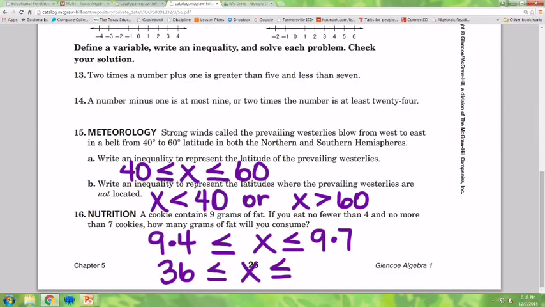Less than or equal to 9 times 7 is going to be 63 grams of fat. So if you eat somewhere between 4 and 7 cookies, and that could equal 4 cookies or equal 7 cookies, then you could eat between 36 and 63 grams of fat, depending on the number of cookies that you ate. And it could equal 36 grams of fat, or it could equal 63 grams of fat.